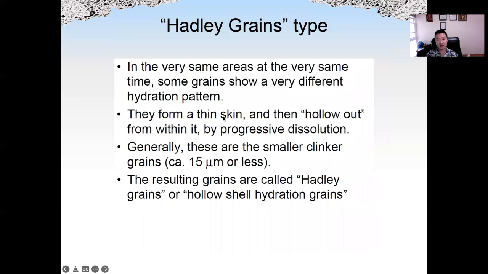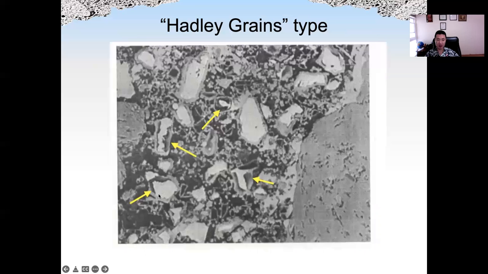So it forms a thin skin and hollows out from within it. Okay, due to dissolution. This occurs mostly in smaller clinker sizes, okay, 50 micrometers or less. Okay, that's another name for Hadley grain. It's called hollow shell hydration grain. Okay, because we have a hollow space between the CSH and unhydrated cement.